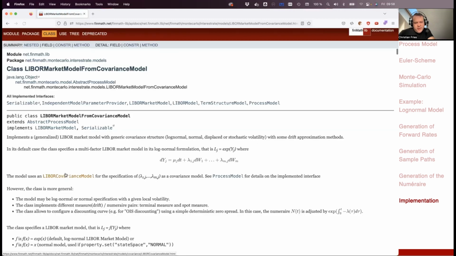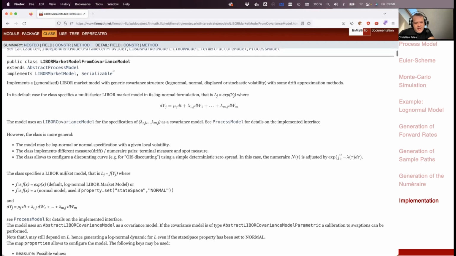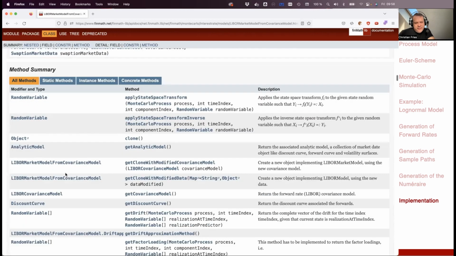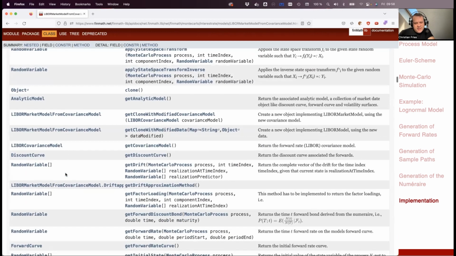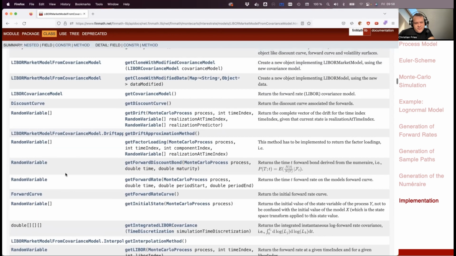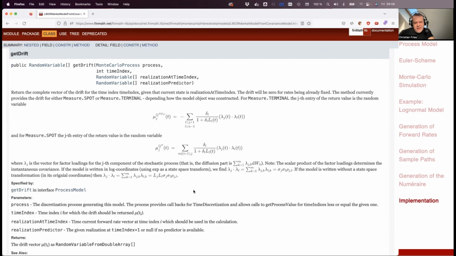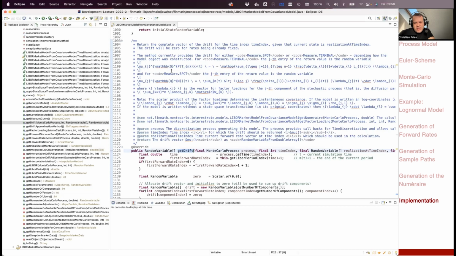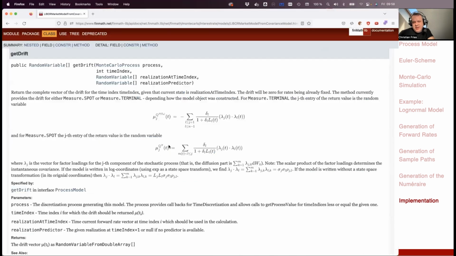So you go to the model, and then there's the documentation of the model, and there's also a documentation for all the functions. There's the function getDrift, and you see this Javadoc documentation here is translated to this nice web page. Yeah?